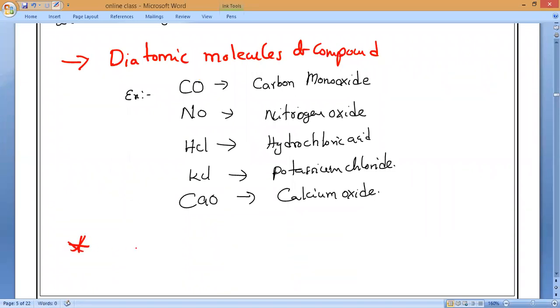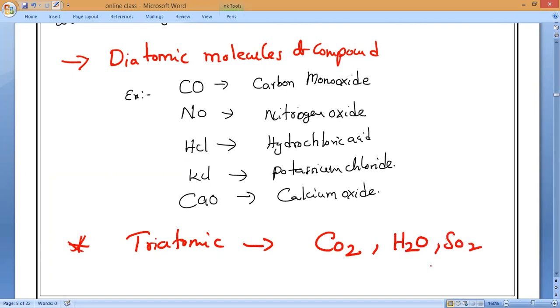Next, triatomic molecule. Triatomic molecule of a compound. Example, anybody give quickly? Sir, carbon dioxide. Water. Water is the basic one. Sulfur dioxide.